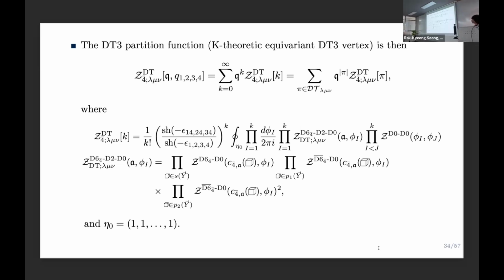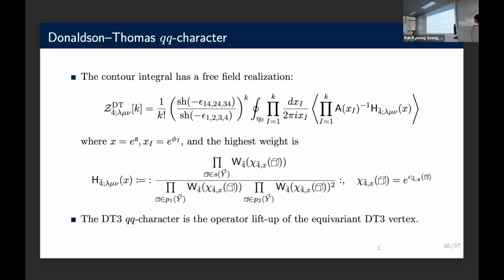After you do this, you get the expansion over all possible plane partitions with boundary conditions. And then you can also study, as I said, the operator lift of it. So you have a nice free field realization where the framing node is encoded in this. And this gives the QQ character of this DT3 vertex.